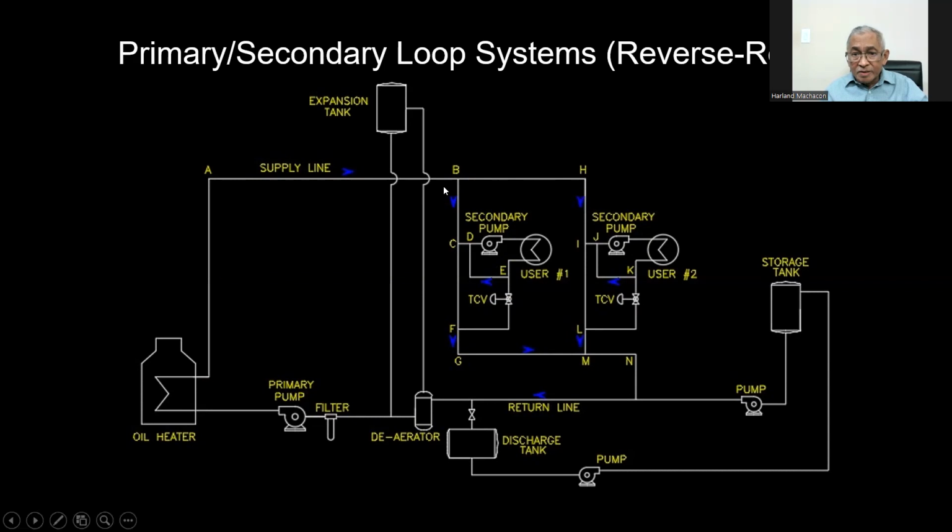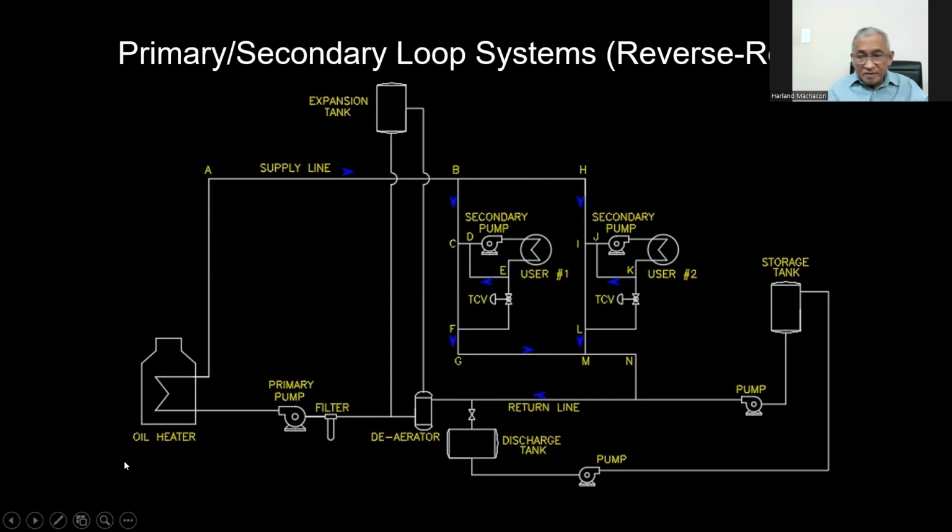But notice that the oil first enters user 1, but it leaves first here. It leaves first the user number 2, so that the length of pipes from B, C, B, G, M will be the same as the length from B, H, and M.